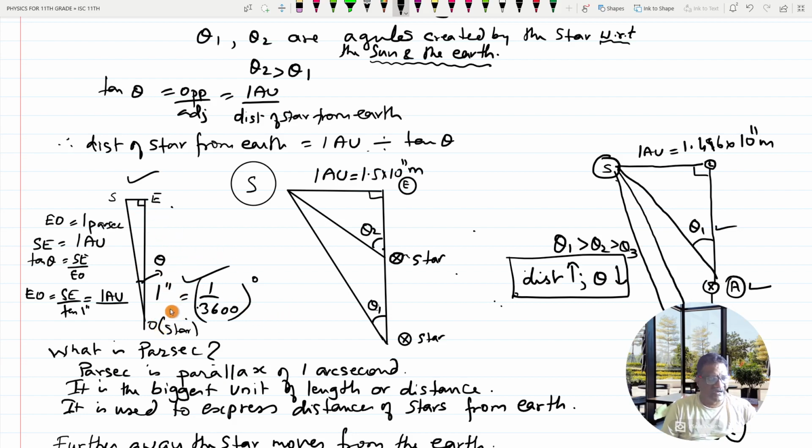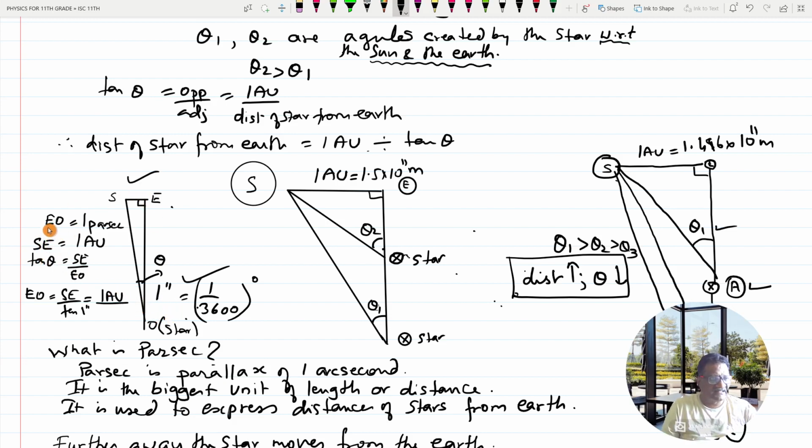So 1 parsec is that distance which you get by taking this average distance between the sun and the earth as 1 AU, and the angle made by these two lines has to be 1 second. If that is the case, then this SO distance is known as 1 parsec. So if this triangle is a right angle triangle.